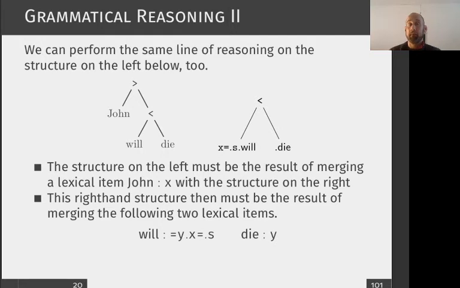We're not being creative, we're not being linguistic, we're not analyzing some phenomenon, we're just reasoning. We're doing grammatical reasoning. The rules of your grammatical framework allow you to reason backwards from what you want to how you could have gotten it.